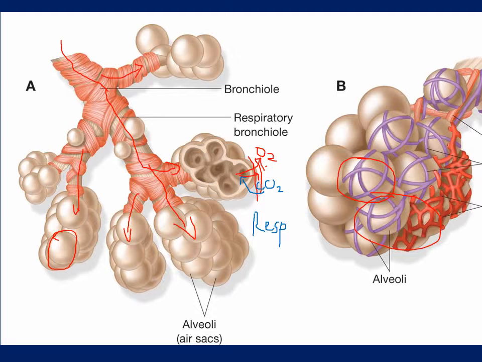You have lots of carbon dioxide in the blood, none or very little in the air that we breathe, and it's going to diffuse from the blood, where there's lots of carbon dioxide, to the alveoli, which has little carbon dioxide. And then when we exhale, we're going to breathe that out into the environment.